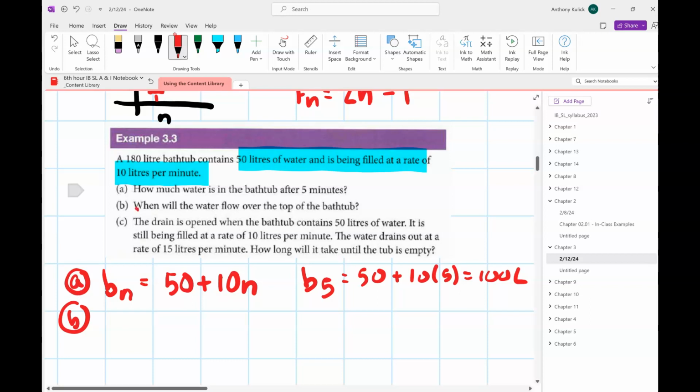When will the water flow over the top of the bathtub? So we want, when will B of n be greater than 180? Everybody agree with that? Can you guys see what it's going to be right now?